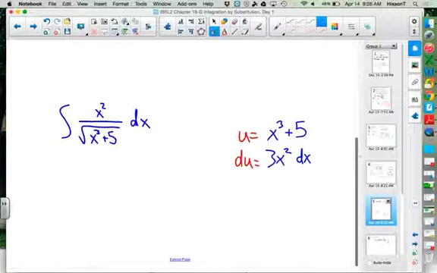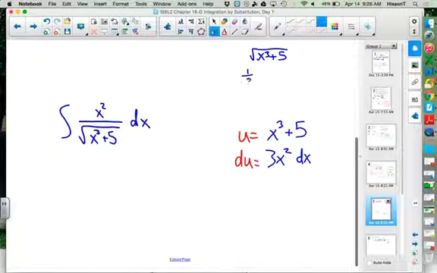Hannah, did you have a question? Yeah, how did you tell that was u? Well, basically, you have to try to think in terms of the whole process, and this is why practice is key with this. You might try some things and realize, okay, that's not going to work. Let's say you tried doing the whole square root of x cubed plus 5, and then you tried to take the derivative of that.